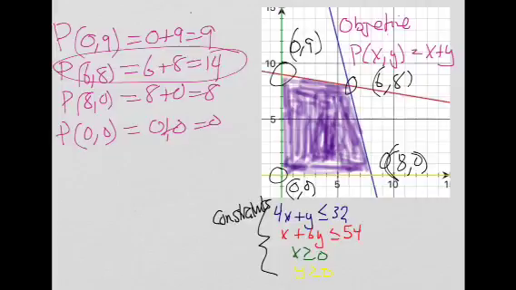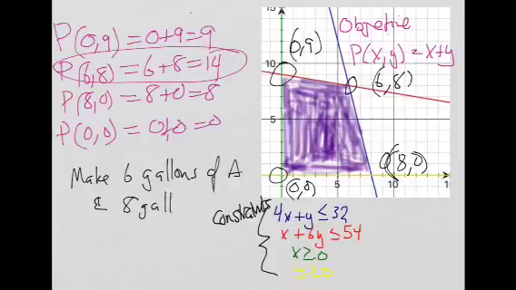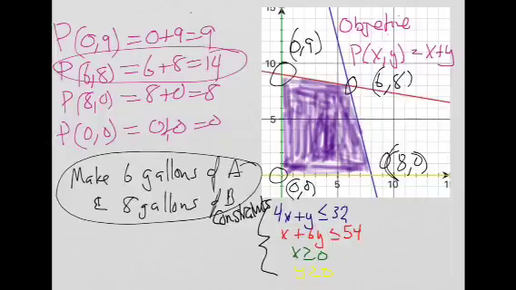So again, if I think back to what my question was, how many of each color should I make? My answer to this problem should be: make 6 gallons of X, which we said was color A, and make 8 gallons of B. Again, when a problem is written to you in words, give the answer in words.